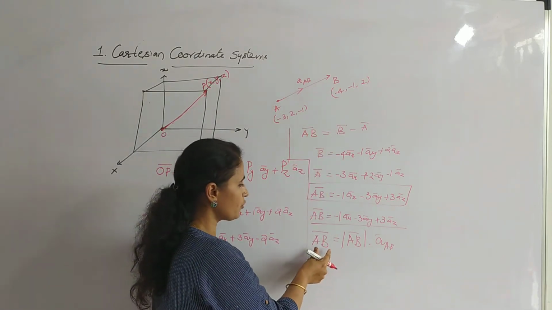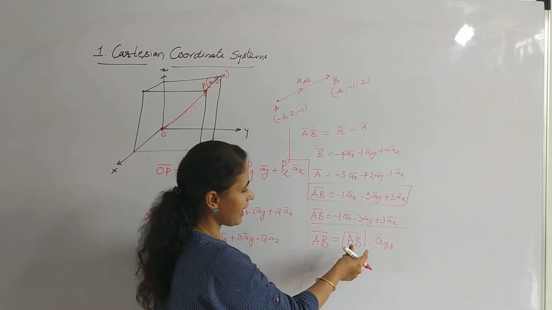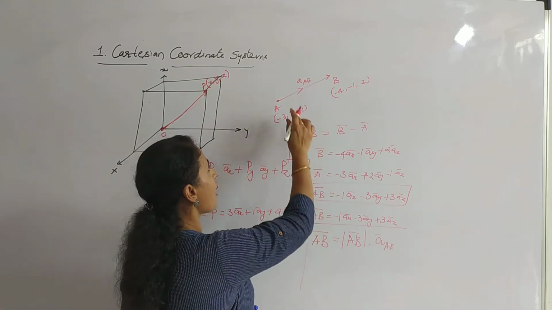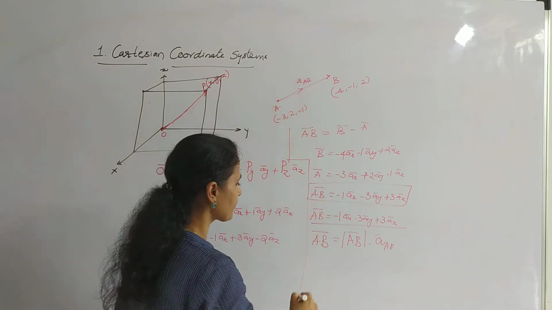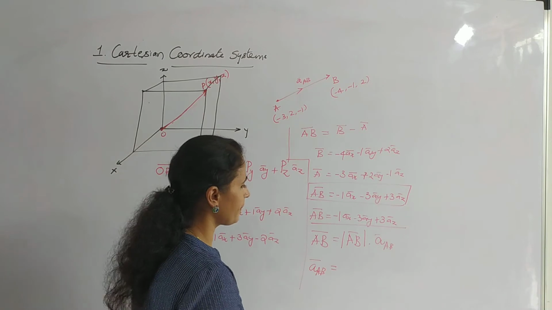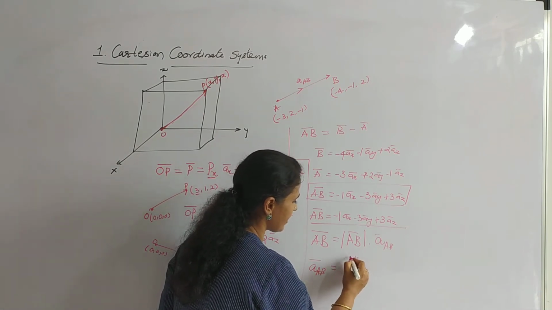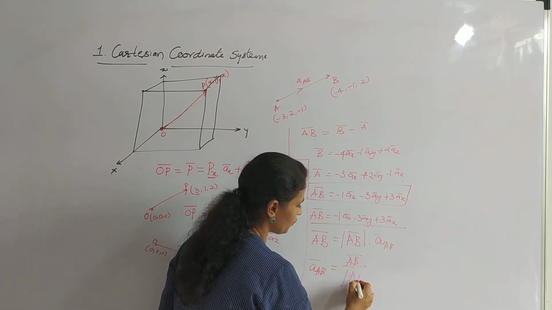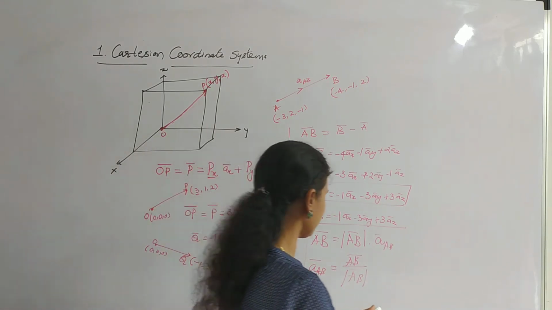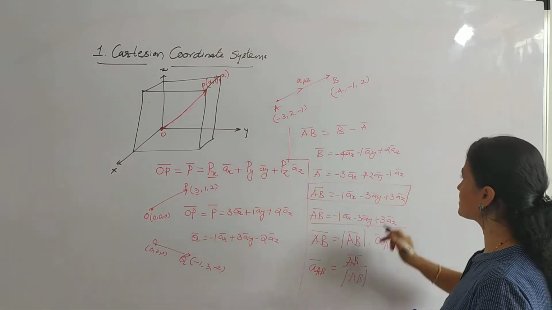Now we know the value of AB bar, and the magnitude we can obtain. So let us find the unit vector of the vector AB bar. The unit vector of vector AB bar is given by the distance vector divided by the magnitude of the distance vector.